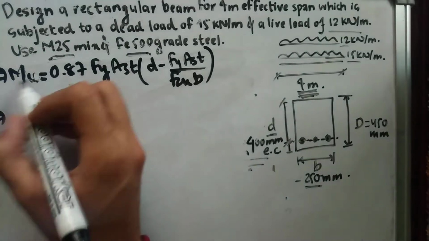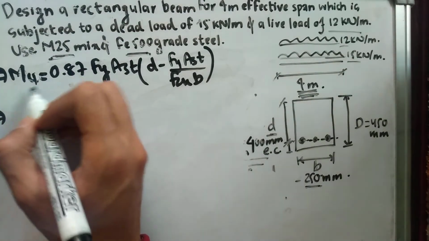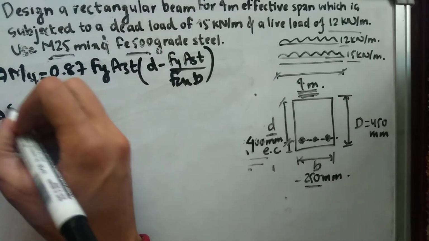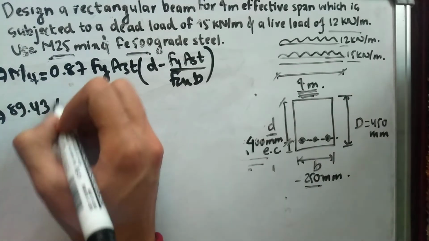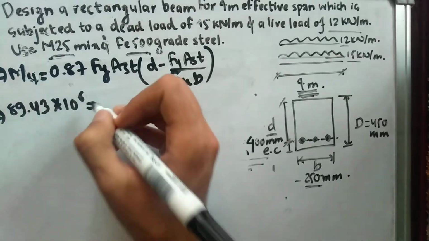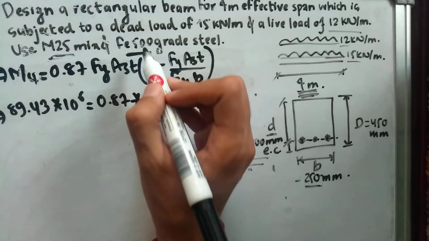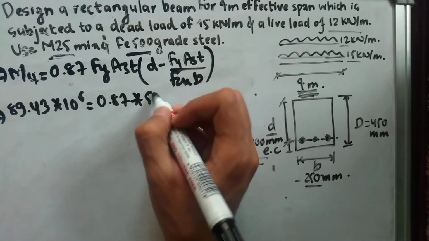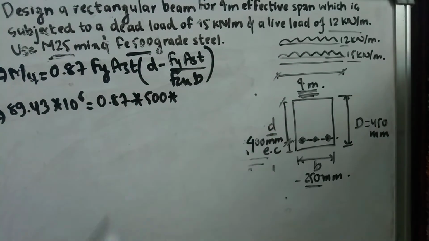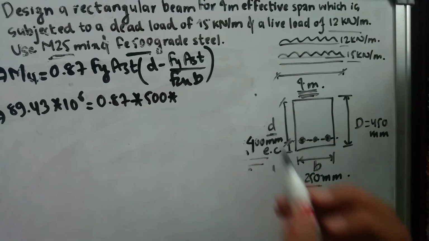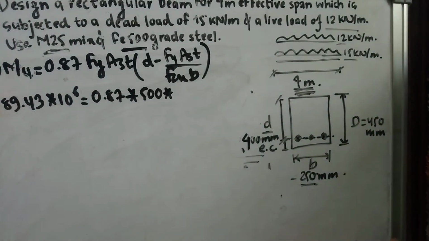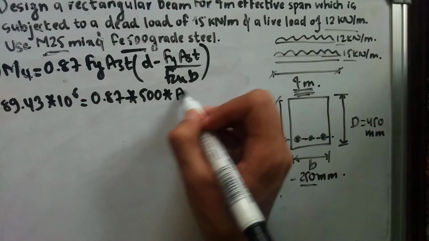As mentioned before, we found the value of the factored bending moment as 89.43 into 10 to the power 6, equals 0.87 into fy. fy is the tensile strength of my steel, which is 500 newton per millimeter square. Next I put Ast as Ast.